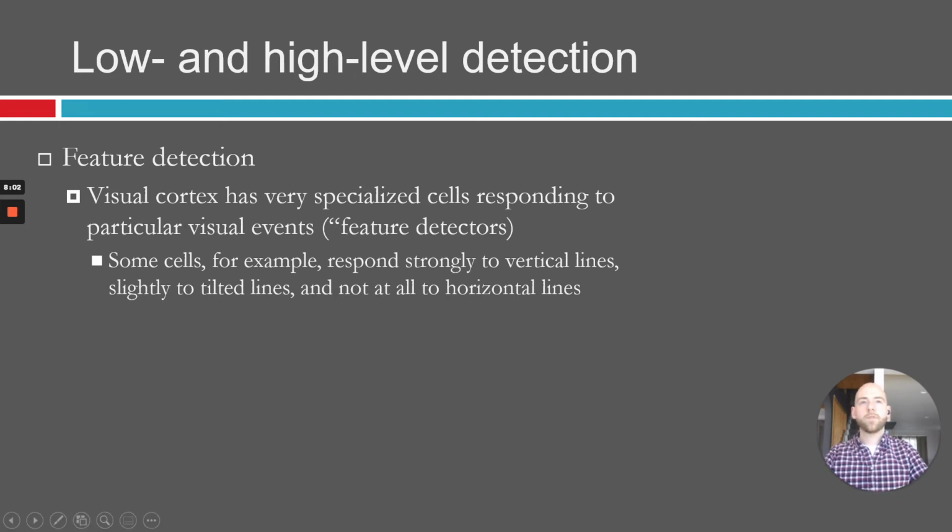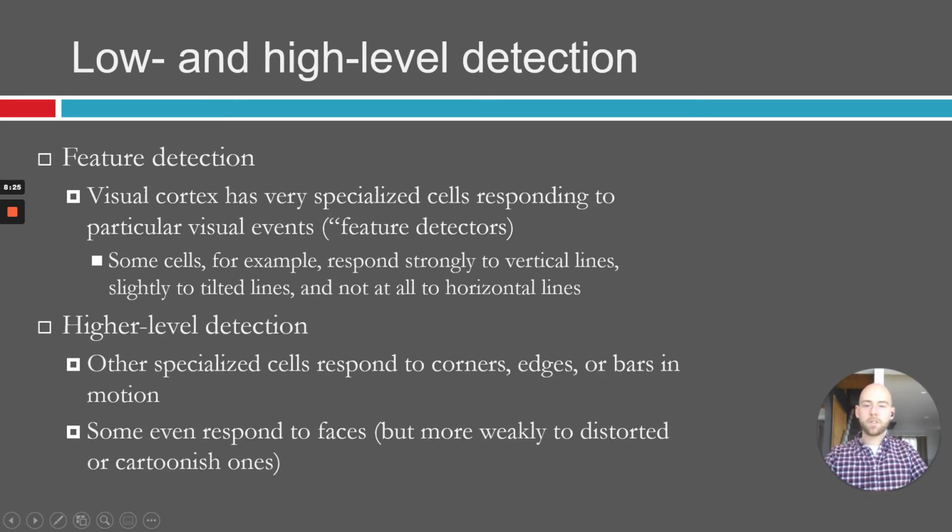So you have feature detectors, certain photoreceptor cells that are very in tune to noticing vertical lines. They fire very strongly when you see a vertical line, but when the line is tilted, they might fire less strongly. And when you see a horizontal line, those particular cells might not fire at all. So we have these very specific feature detectors.